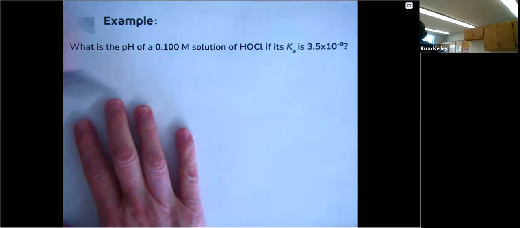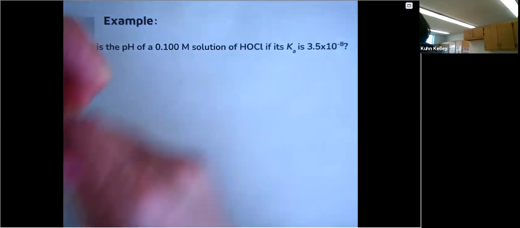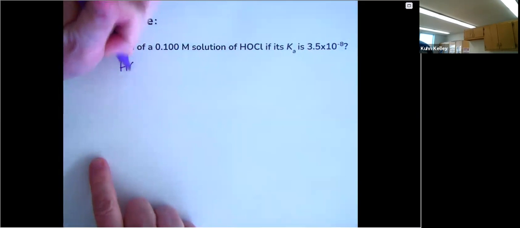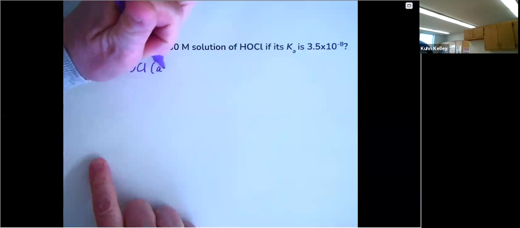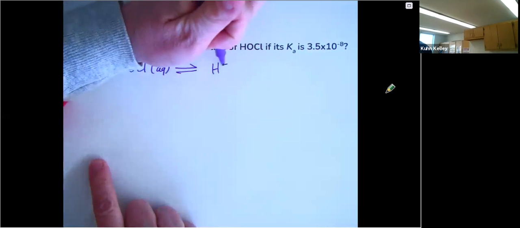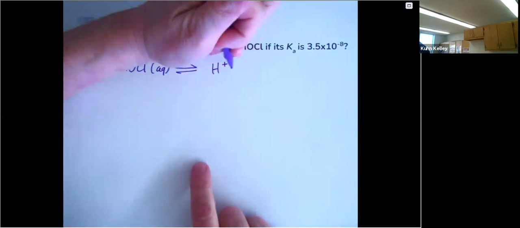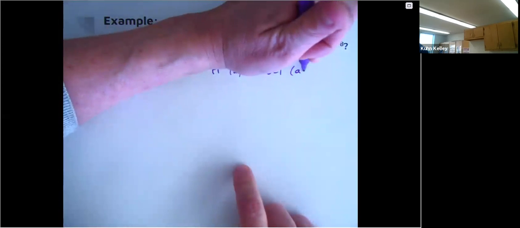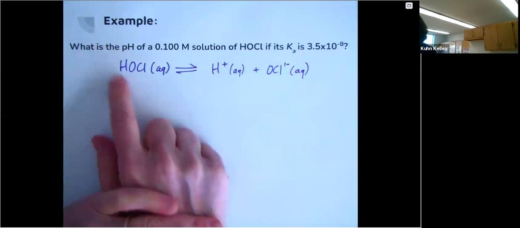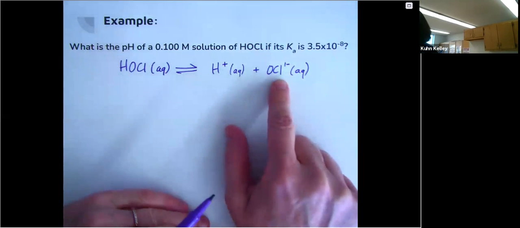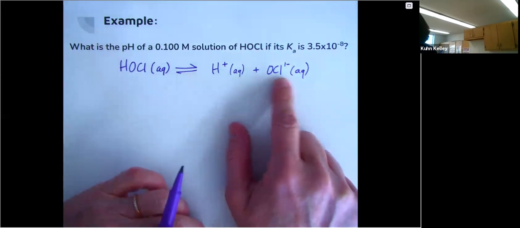So we're going to start by writing out our dissociation reaction. And I am going to use the simplified version where we don't include water. So I have my hypochlorous acid breaking down into the hydrogen ion and the hypochlorite ion.